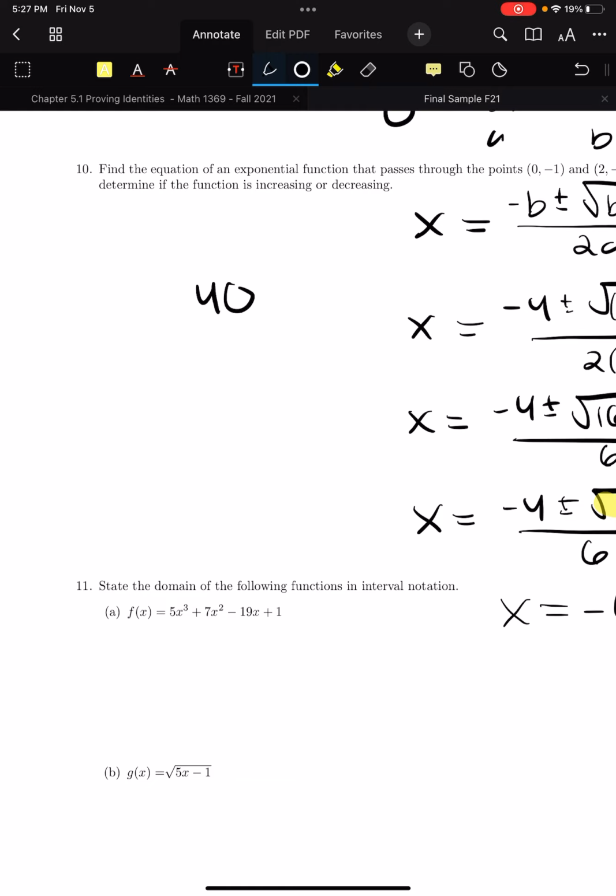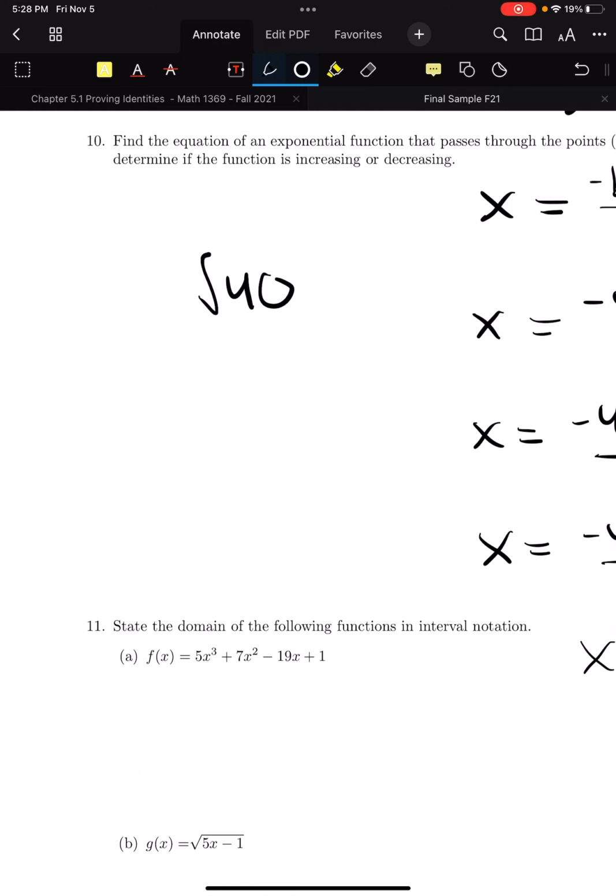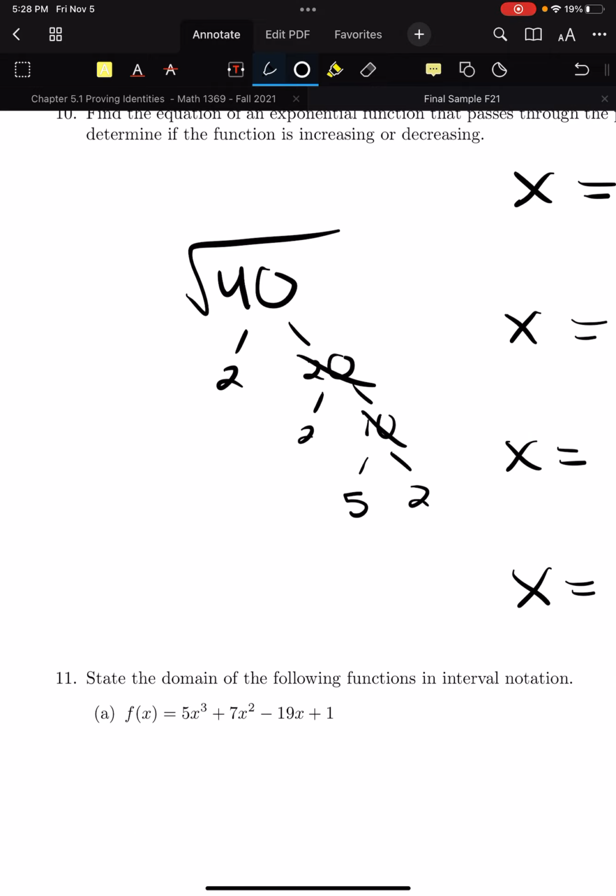40 can be broken down into 2 times 20. 20 can be broken down into 2 times 10. 10 can be broken down into 5 times 2. Then nothing can be broken down further. So we have a pair of 2 that can get out.